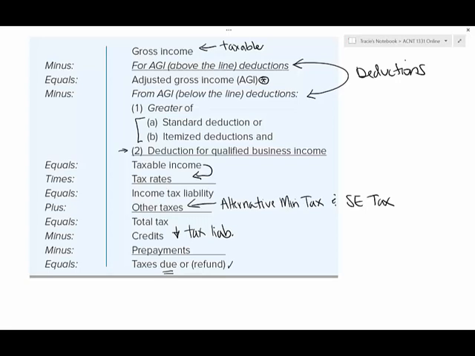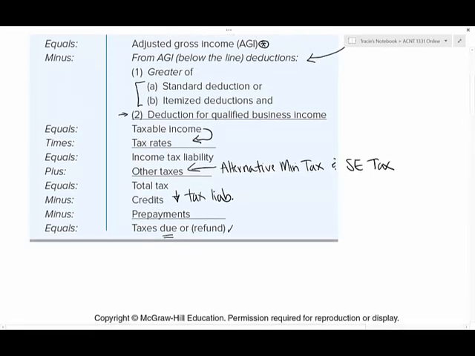We also will subtract out our prepayments. Prepayments could include things such as income taxes withheld by the taxpayer's employer. It could also include estimated tax payments that the taxpayer made during the year.